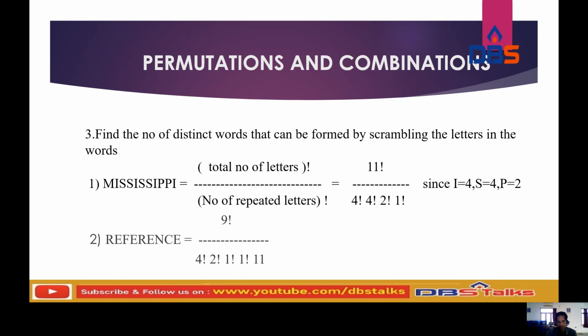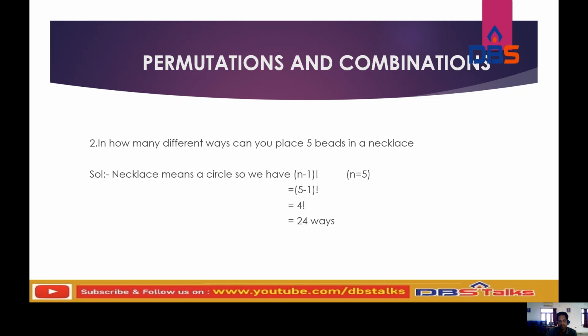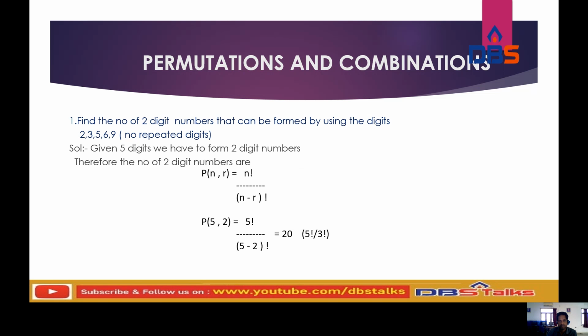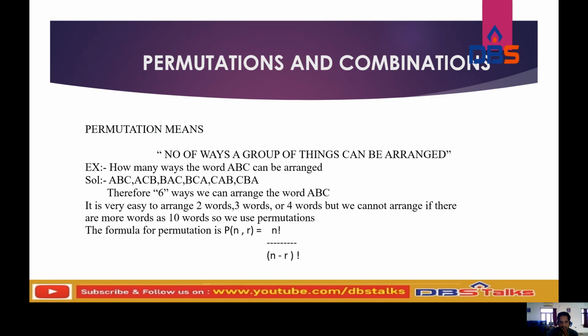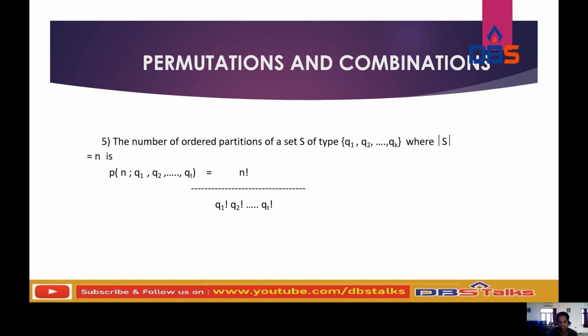We have already learned the fifth one. The number of ordered partitions of a set S of type Q1, Q2, up to Qk, where the size of S is n, is n factorial by Q1 factorial, Q2 factorial, and so on. We can use this formula here.